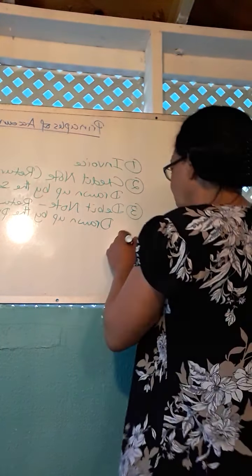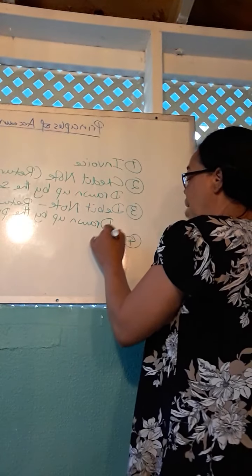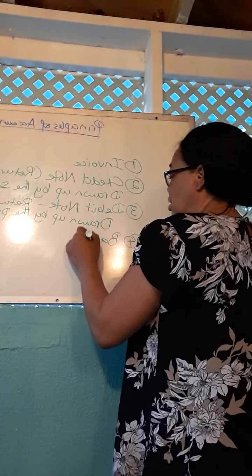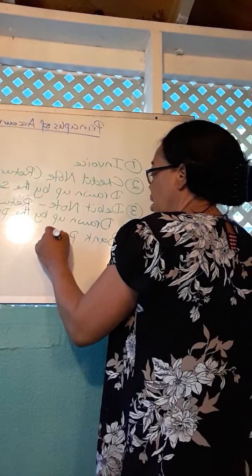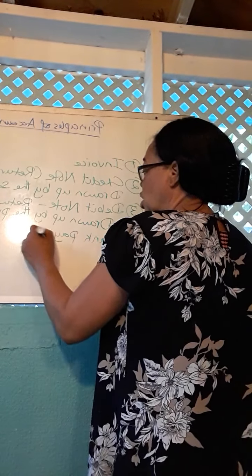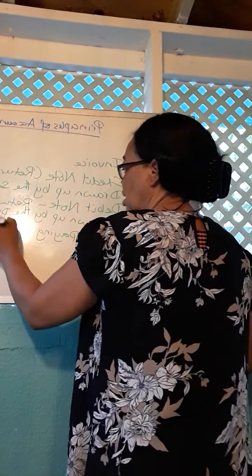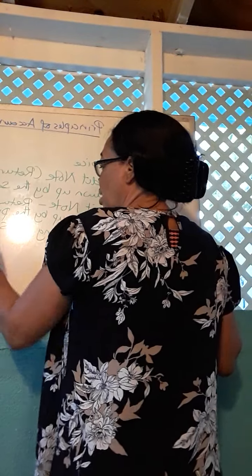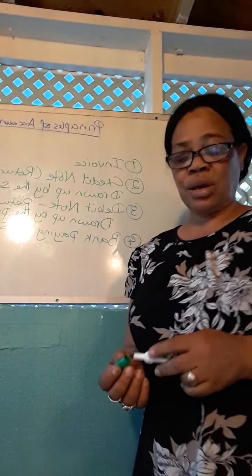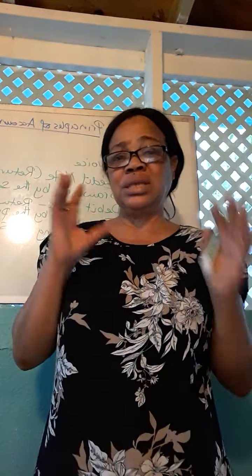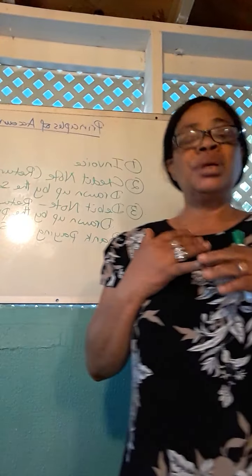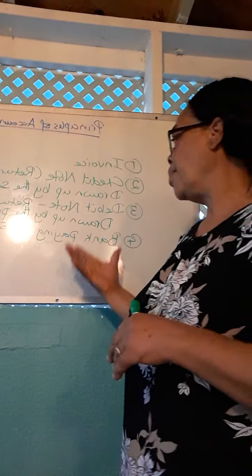The next document that we are supposed to know about is one that is called a bank pay-in slip. Whenever we are depositing money to the bank, we don't just go to the bank and say, here's some money. We'd have to write up a bank pay-in slip.